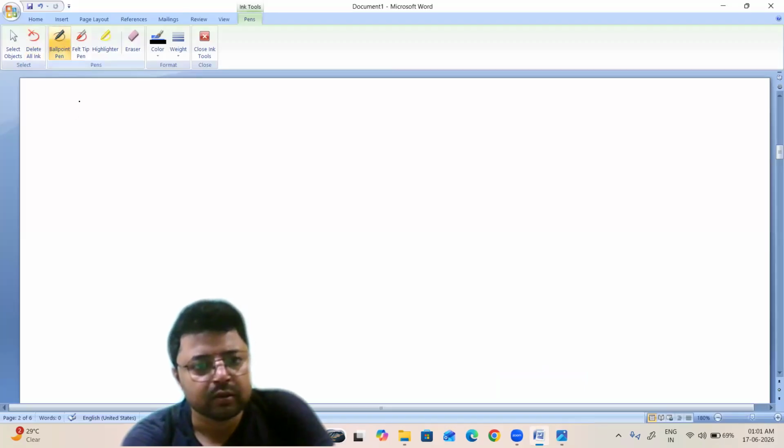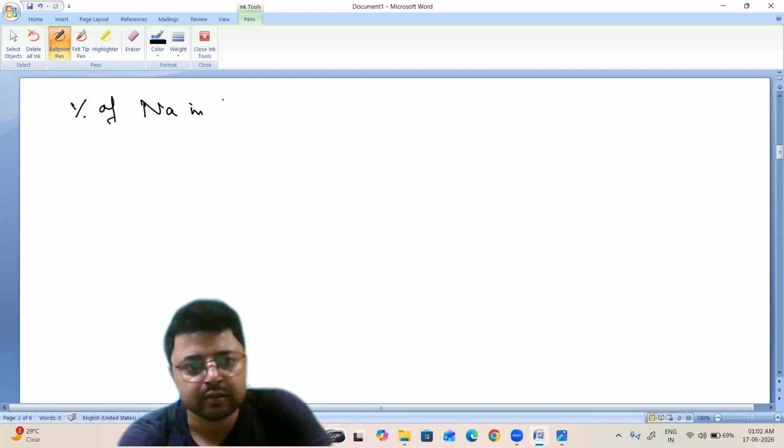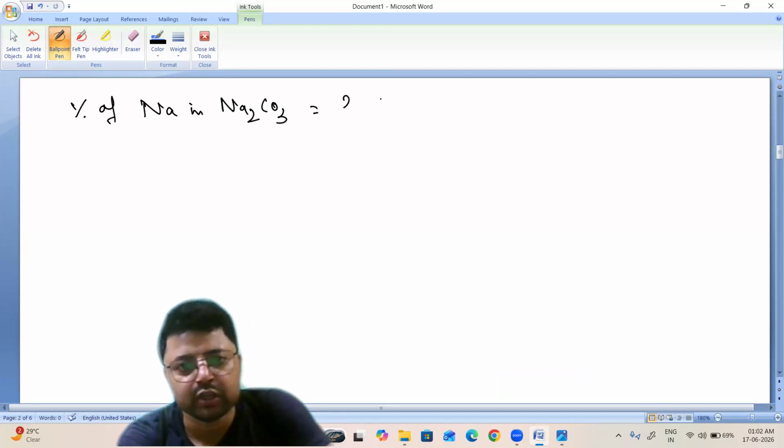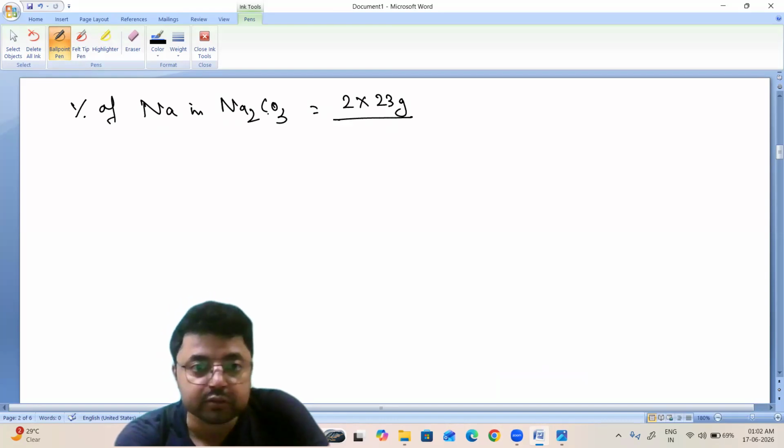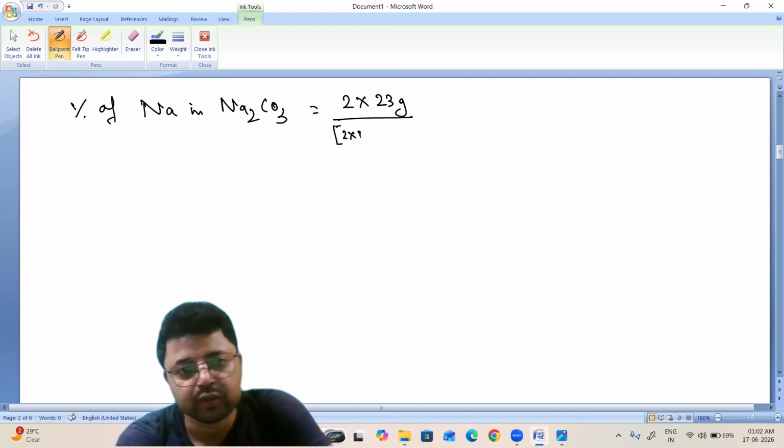So the percentage composition of Na in sodium carbonate, Na2CO3: in Na2 you have 2 Na atoms, so 2 into 23, as the atomic weight of sodium is 23, divided by 2 into 23 plus 12 plus 3 into 16 grams, times 100.